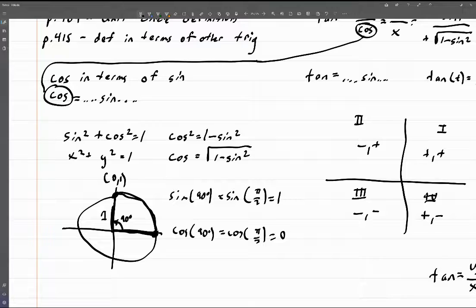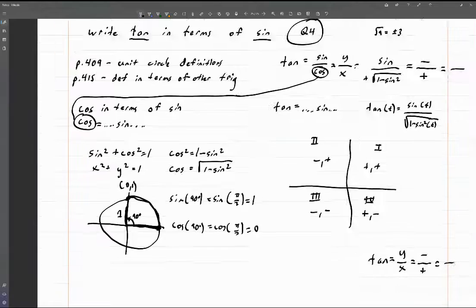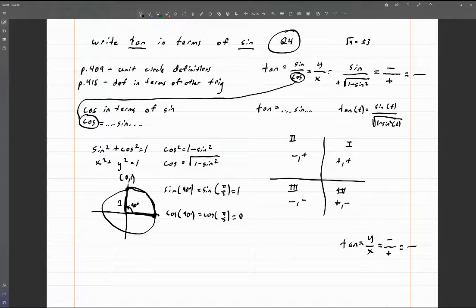I rewrote cosine in terms of sine in this problem. We did that by taking the Pythagorean theorem and rearranging it. The bottom line for writing trig functions in terms of other trig functions is you need to have the Pythagorean identities memorized, and you need to have the definitions of the trig functions in terms of other trig functions, what the book refers to as the reciprocal fundamental identities on page 415, memorized.